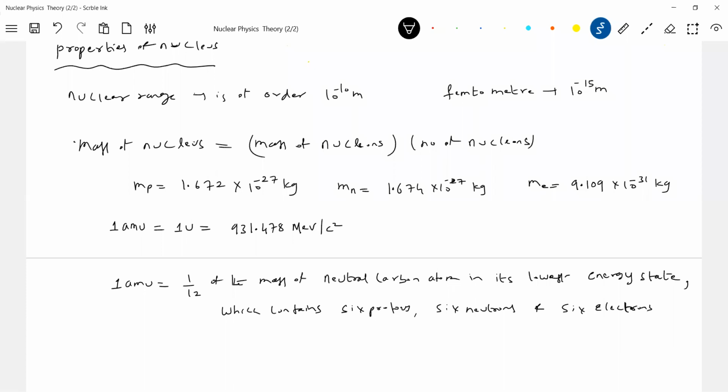This is the one reference we are taking: 1/12 of the mass of a neutral carbon atom in its lowest energy state, which contains 6 protons, 6 neutrons and 6 electrons, not the carbon nucleus. Please do notice this. In exams, they may test you with carbon nucleus versus carbon atom. The carbon atom is what defines 1 AMU. We express that as 931.478 mega electron volt by c square.